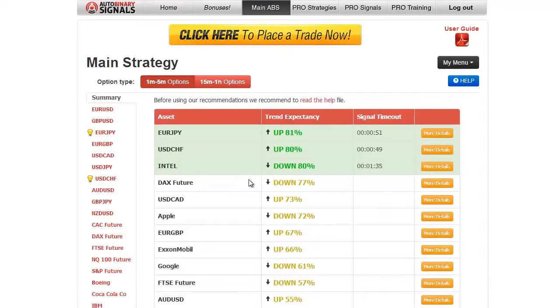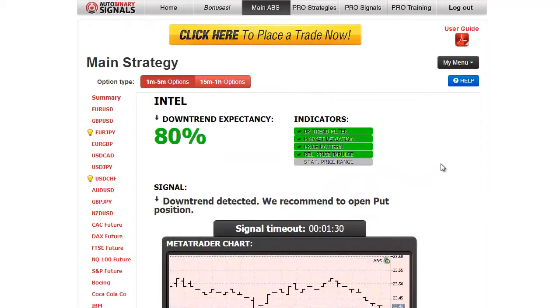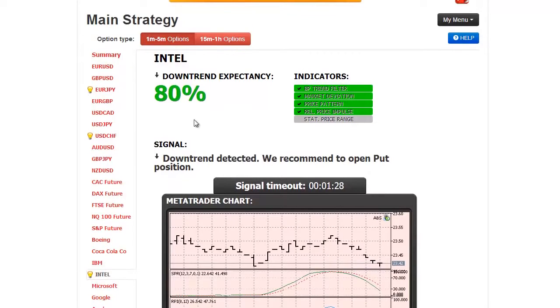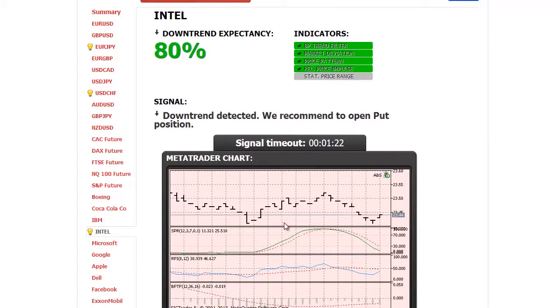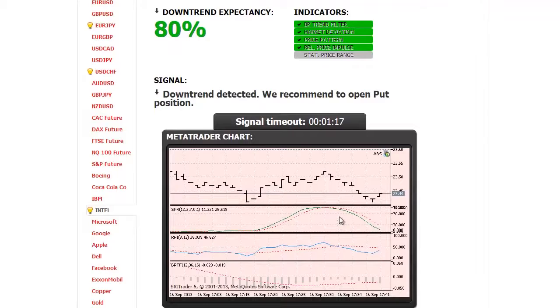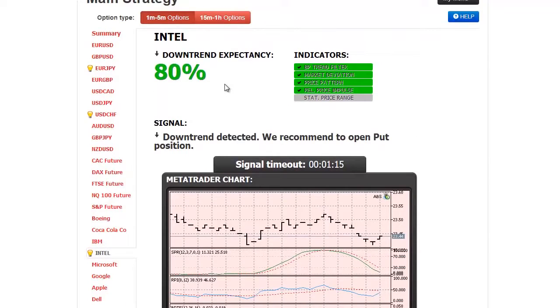The system of auto binary signals, as you can see when you click on more details, uses different parameters. There are 5 indicators working simultaneously to give you the precise information that you need to know that a certain asset has potential to be a successful trade and to be in the money.